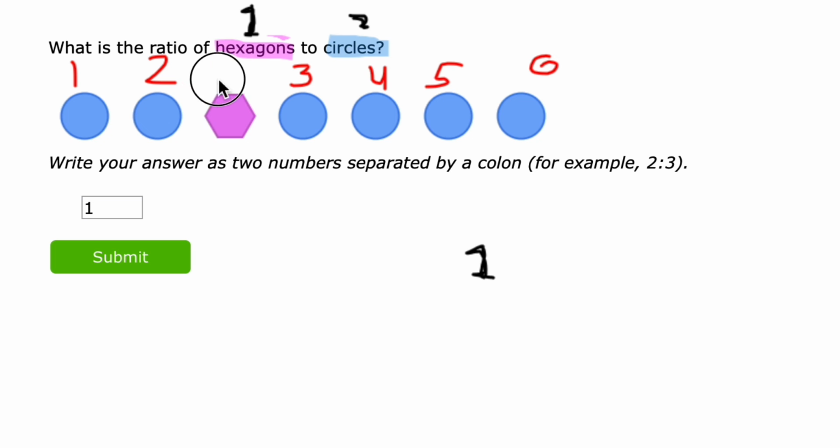There are 6 circles in all, so we do an underline and then 6. If we're typing, just do what we normally do. 1 over 6 is when you're writing, like a fraction. And when you're typing, obviously 1 to 6 or 1:6.